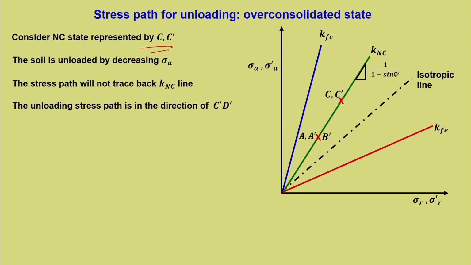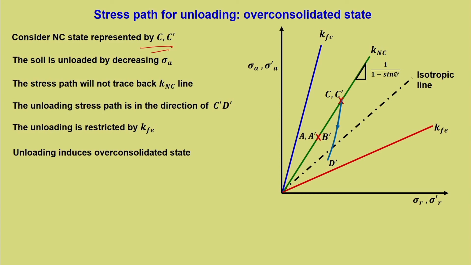The unloading stress path is in the direction of C dash D dash. So, the unloading will be here. Now, this unloading will be restricted by the presence of KFE. It does not mean that you can unload the soil the way you want. There will be formation of tension cracks and the soil is not going to be existent, and that bound is defined by KFE.